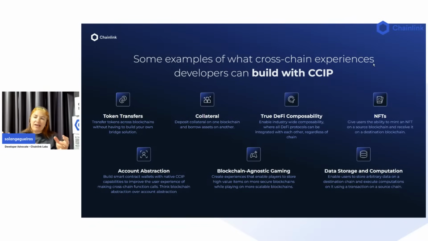We know that DeFi is related to money Legos, the composability, that you have smart contracts, you have applications, and they can communicate. And now they can communicate in a cross-chain way. Also, when we talk about NFTs, the NFT can be minted in one chain and appear in another chain, or be received in another chain.